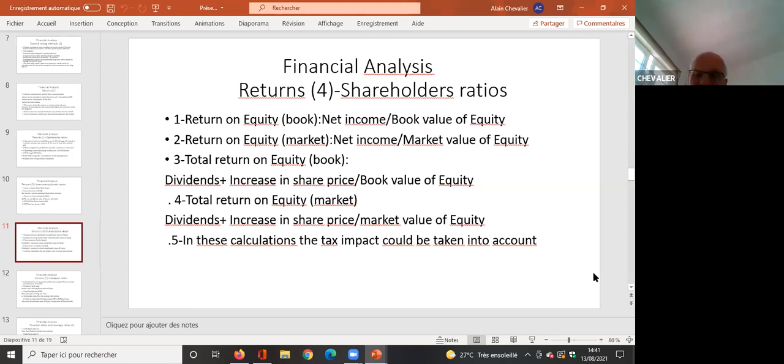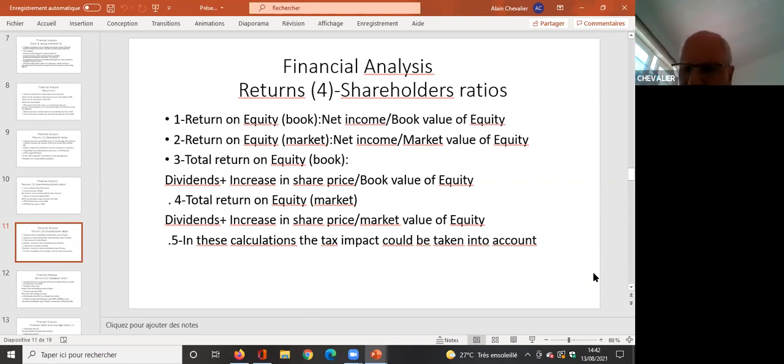If I had invested 100 and I had a $5 dividend, and now I have an increase of $8 in the price of a share, it's 8 plus 5, which is 13, divided by 100. I have a 13% performance. That's my result. And if I sell my share today, I will get 13 plus the 100. It means 113 in cash in my account instead of 100 at the beginning of the year.